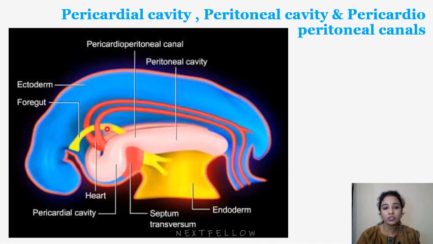So here you can see they are present dorsal to the foregut, on either side of the foregut, into which the lung buds will develop. So this is a basic idea of how the intraembryonic coelom is splitting into these cavities.